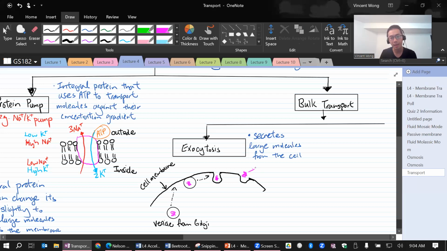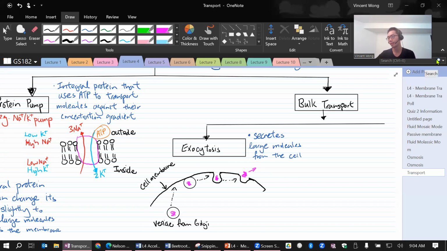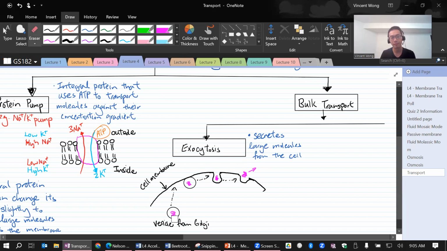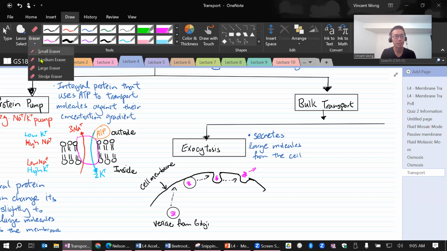So this thing can come out of the cell, right? So this is called exocytosis. Moving huge things out of the cell. Does it make sense? Okay, so the example is protein from vesicles.